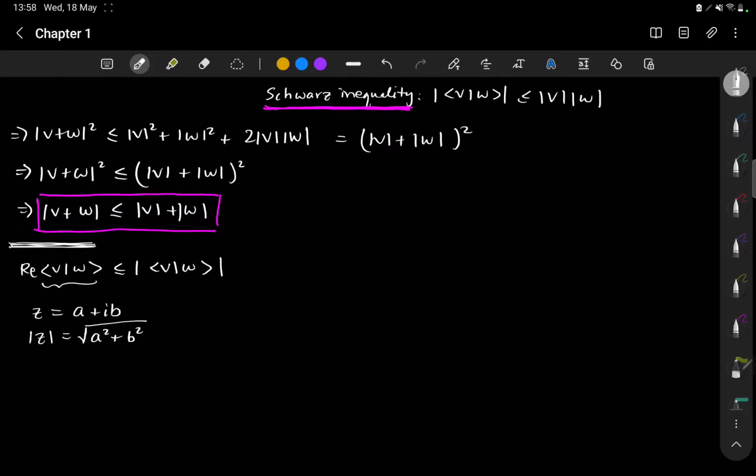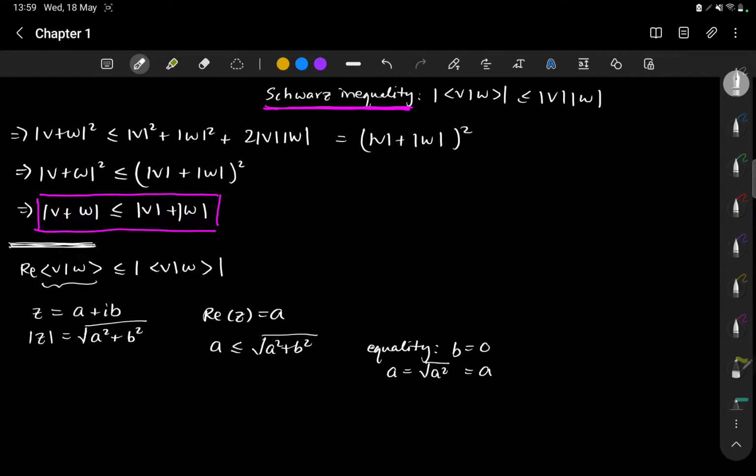Now clearly we see that the real part of z is equal to a, and a will be less than or equal to the square root of a squared plus b squared. The equality over here will happen only when b equal to 0. So when b equal to 0, we get a is equal to square root of a squared, which is equal to a.